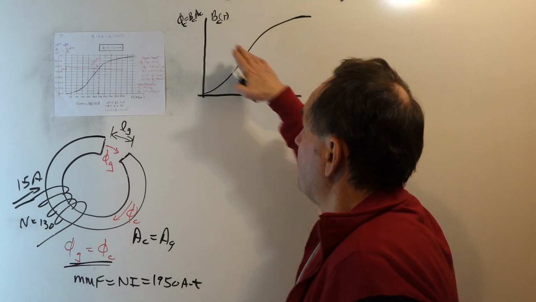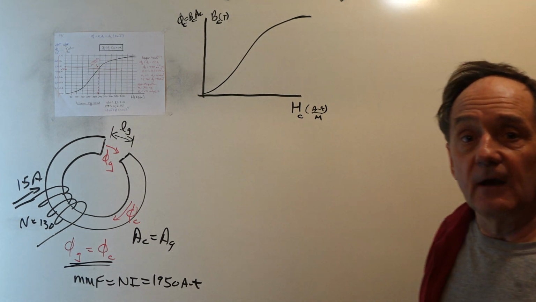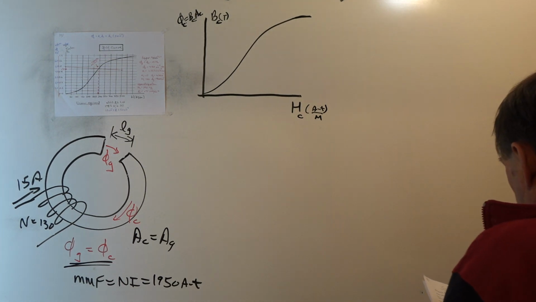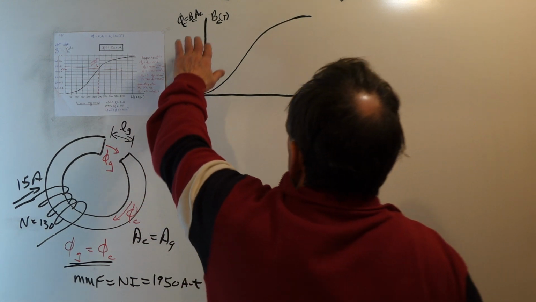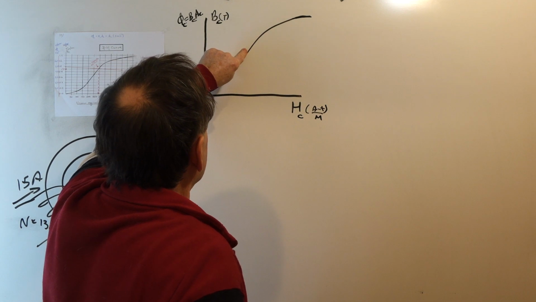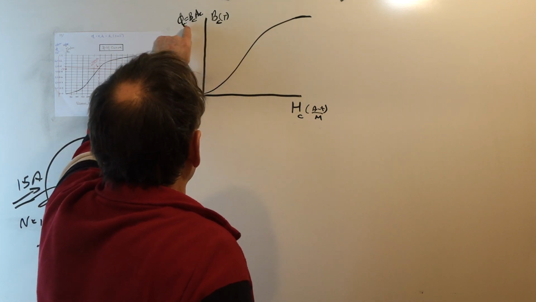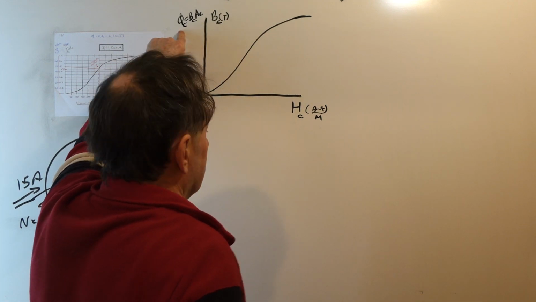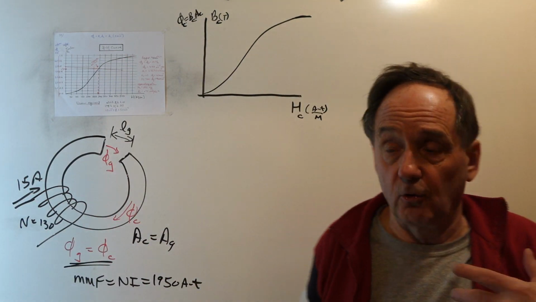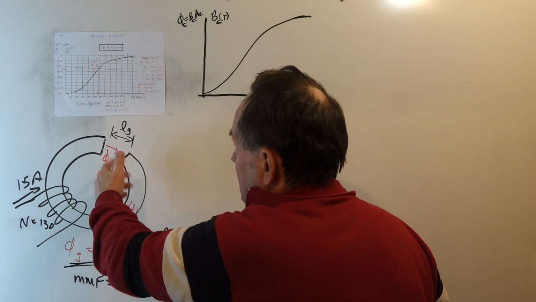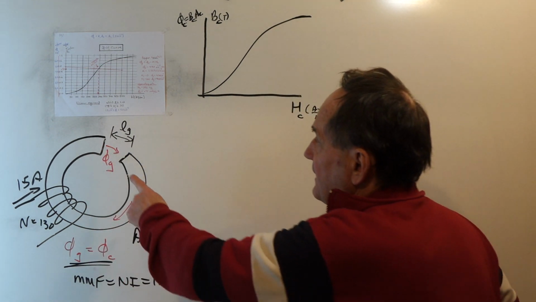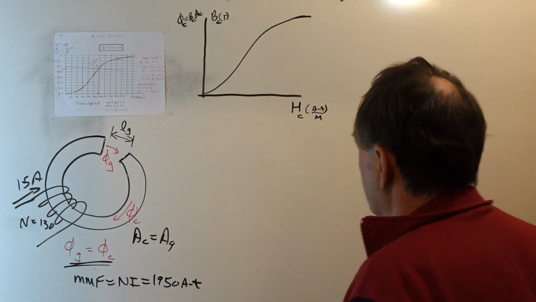And where the two curves intersect will be our operating point. Then, once we find where on this curve the circuit is operating, we can read off the B field and the flux in the core, and then the flux in the core will equal that in the gap, and we can compute the B field in the gap by dividing the flux by the area of the gap.